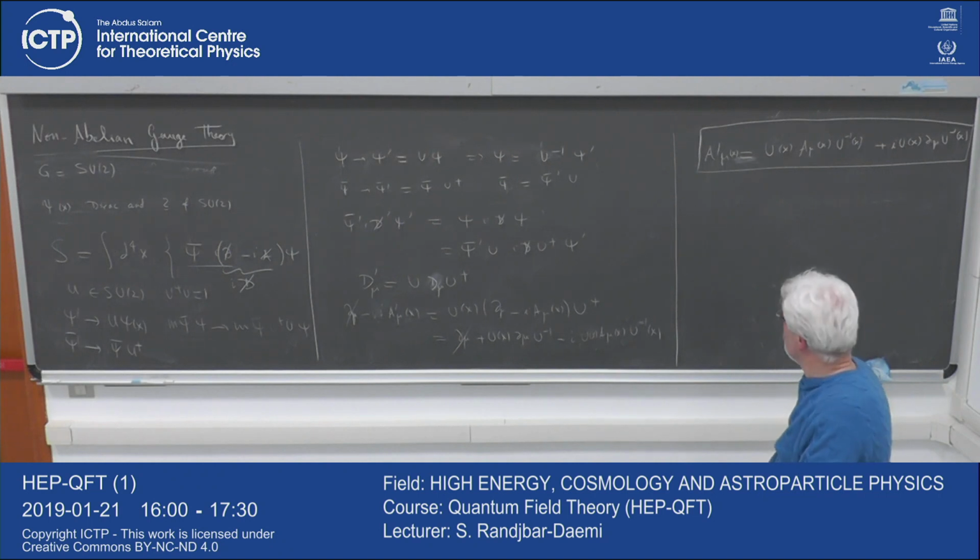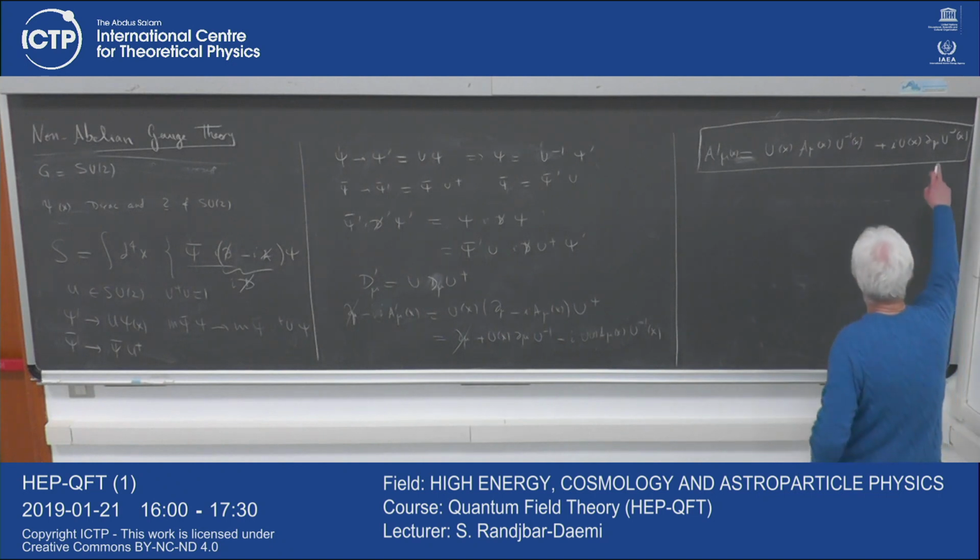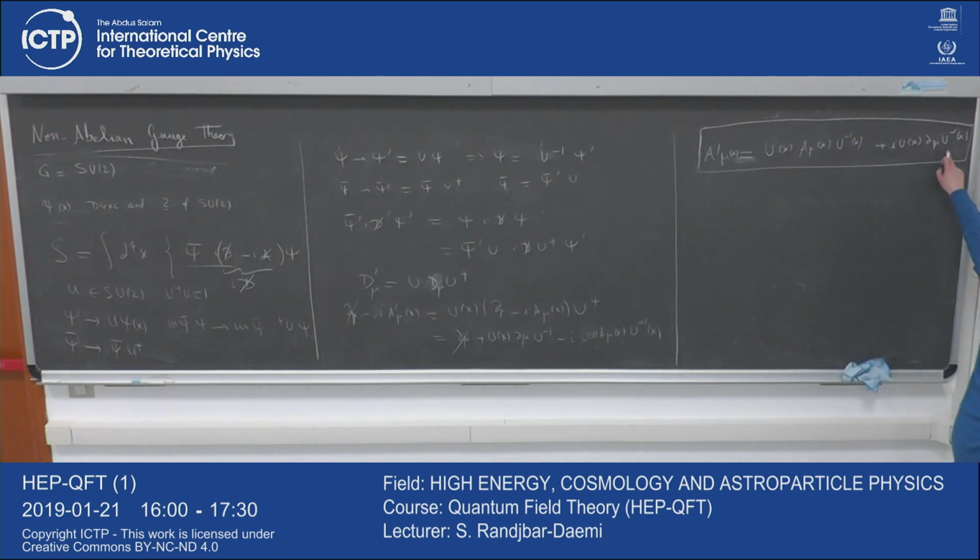This is the generalization of the U1 problem. You see that if this is an exponential of I times alpha, its inverse will be exponential of minus I times alpha. Its derivative will be d mu of alpha times minus I, and with this I it will be plus.